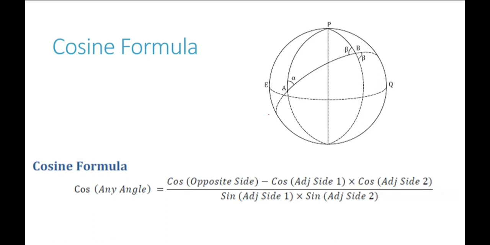The angles are obviously measured in angular units, that is degree, minute, and second. The sides of a spherical triangle are also measured in angular units. Beta, did you understand this? In a spherical triangle, the sides are also measured in units of angle.